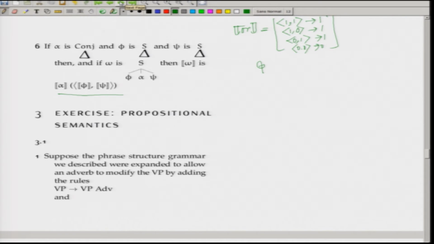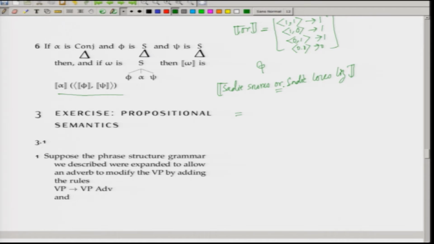So what is then the denotation or the reference of the entire sentence? That is Sadat knows or Sadat loves Liz. Now OR will come out.